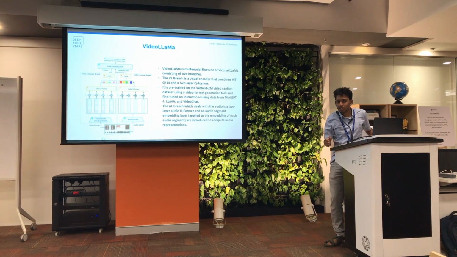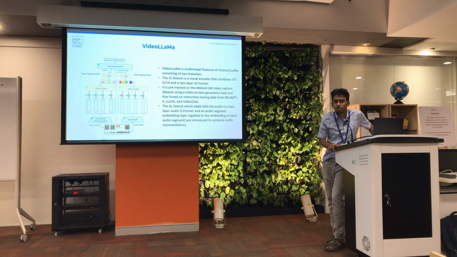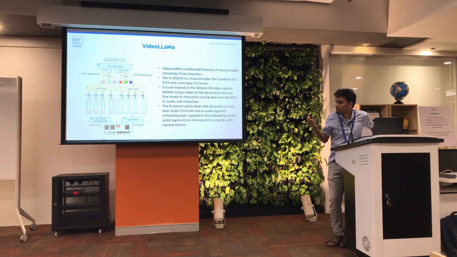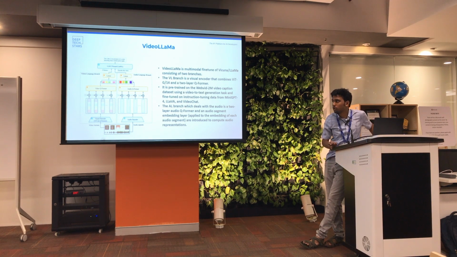So basically the flow is you just give Video Llama the video. After splitting the audio and video track, it's passed to two other models: the first one is the visual encoder and the second one is the audio encoder.